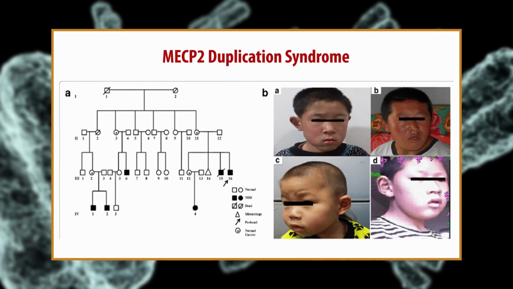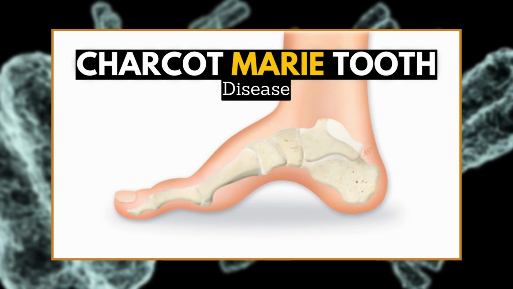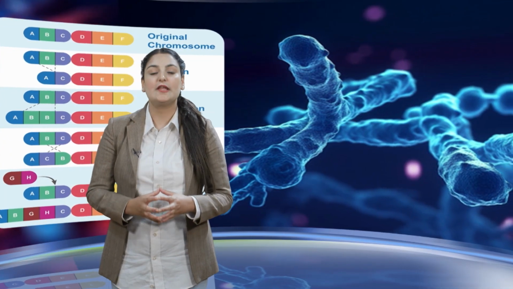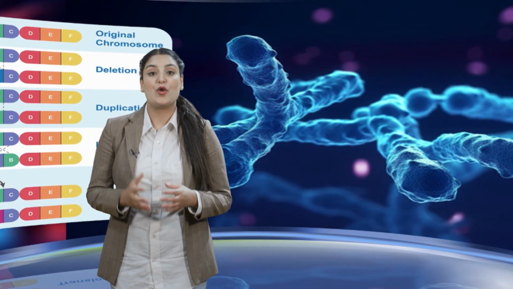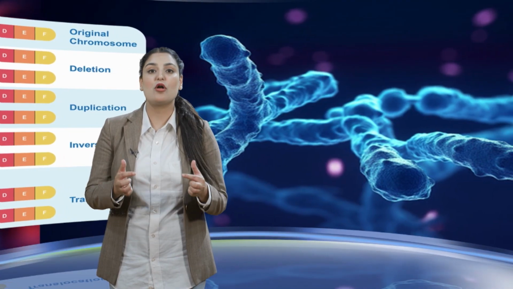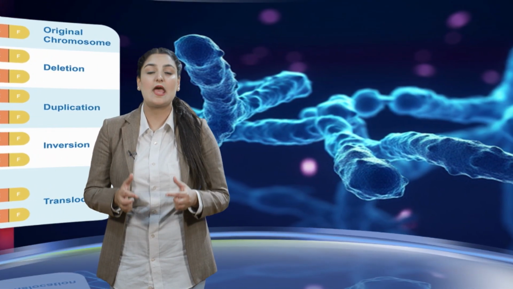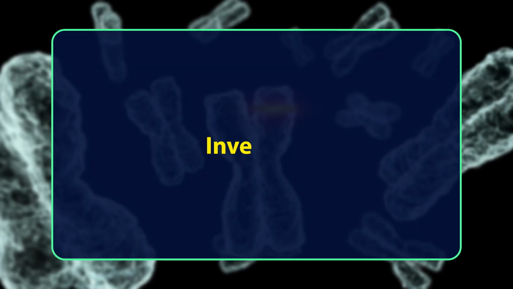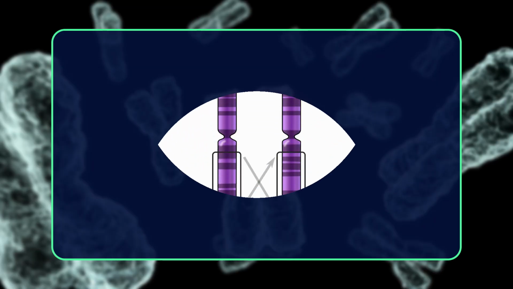We see MECP2 duplication syndrome affecting intellectual development, primarily in male counterparts. We see Charcot-Marie-Tooth disease type 1 resulting from duplication on chromosome 17. So, cytological examination of chromosomes showed that the Bar allele results from duplication of a small segment, that is 16A of the X chromosome.